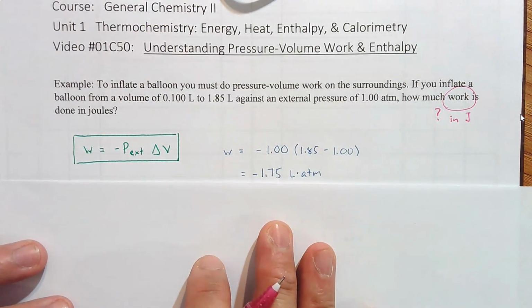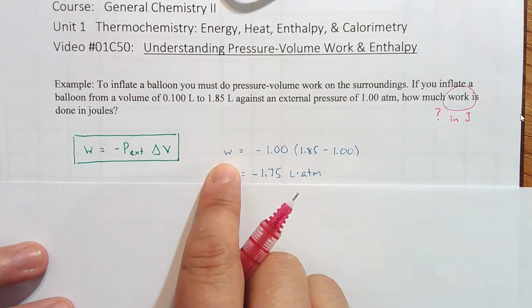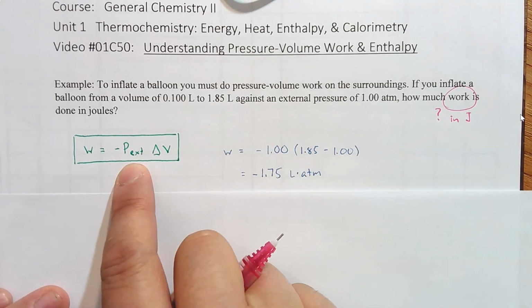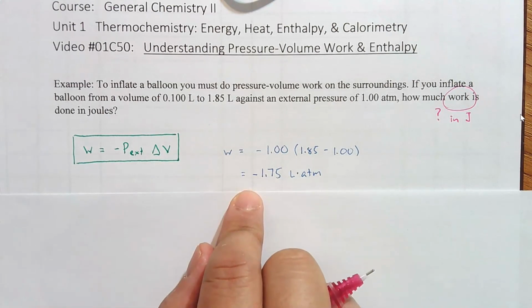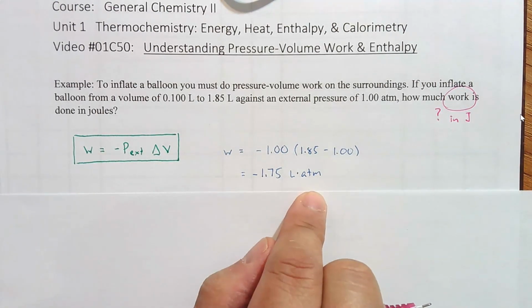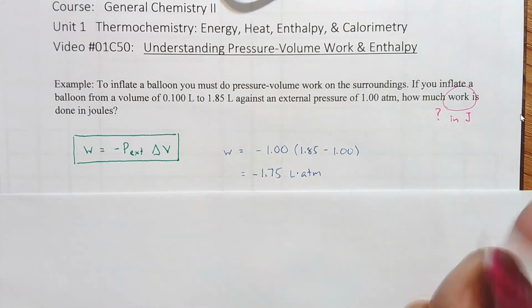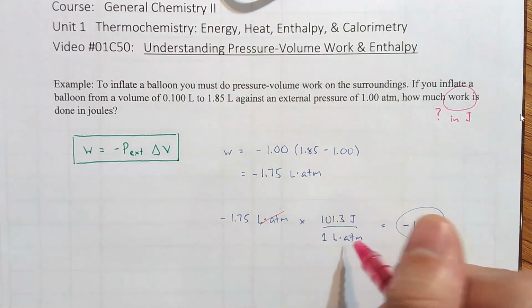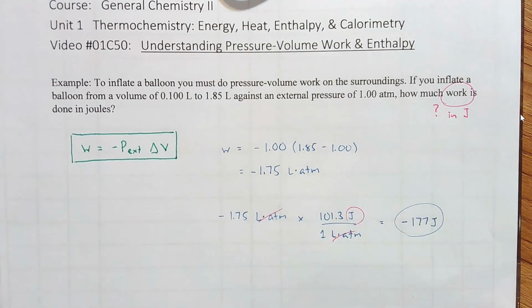Plug in your numbers. We are solving for W, and just remember that since this is in atmospheres and this is in liters, we do have an energy unit called liter atmospheres, but we are going to do the conversion and cancel out the liter atmospheres to get joules.